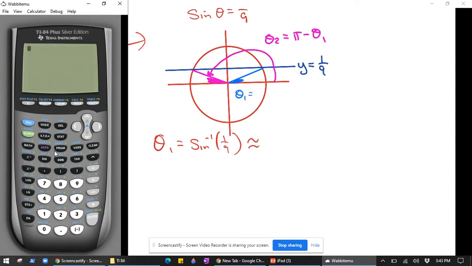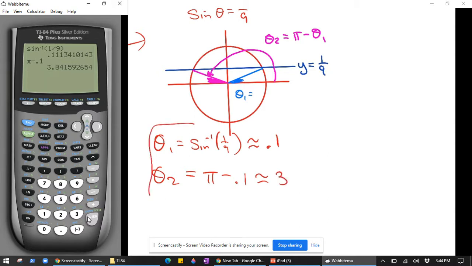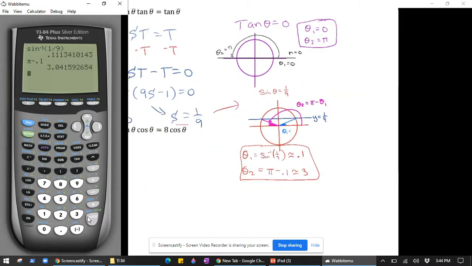Then I do sine inverse of 1/9. 0.1. And then therefore theta 2 is equal to pi minus 0.1, which is about equal to, looks like we'd have to call that 3 exactly if we're rounding to tenths. There are my answers to that problem.